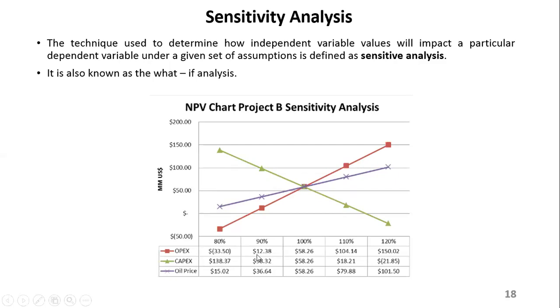If all these things start changing, how will it affect the NPV of your project? So you need to play around with them and change all of them. Sometimes you might even want to hold others constant, then you see how the NPV will behave. So you just want to see how sensitive your project is in terms of NPV. Because in real life, in industry, things are changing, so you need to consider those changes.